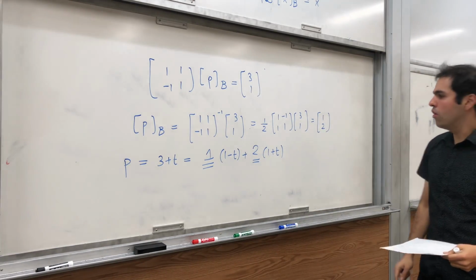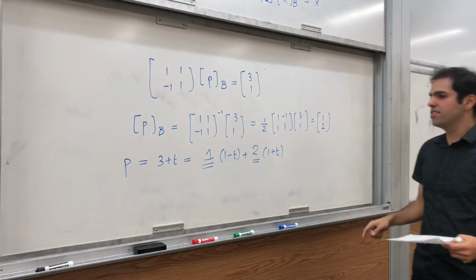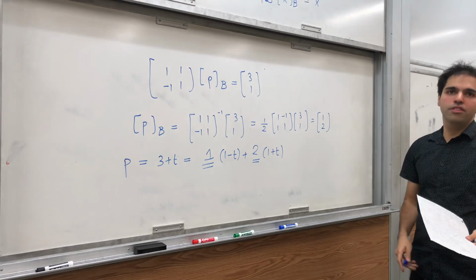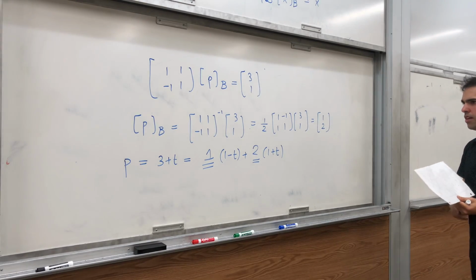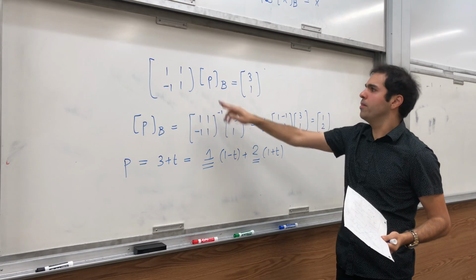So you have to go 1 step in this direction and 2 steps in this direction to get the vector 3 plus t.